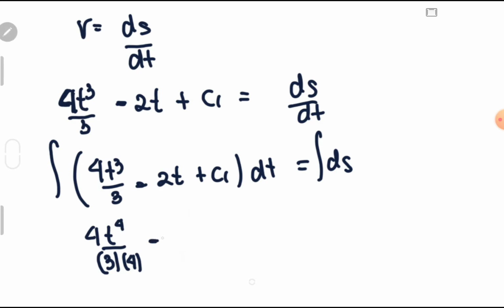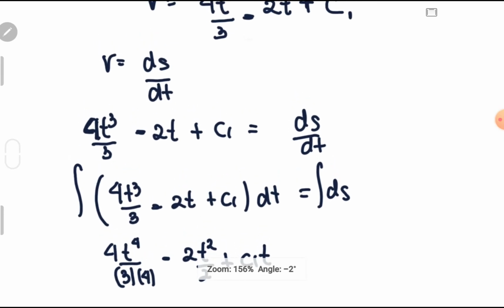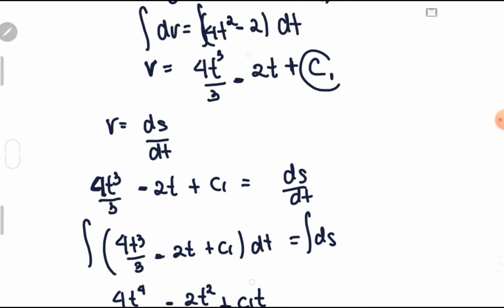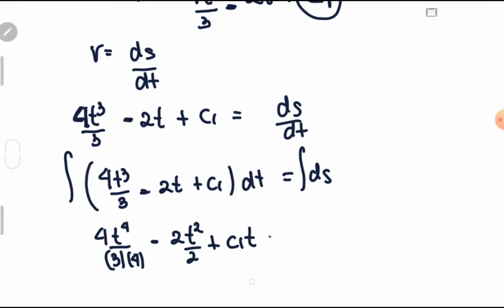Then minus 2t²/2, plus c1 multiplied by the integral of dt, which is t. Take note that c1 is your constant one at velocity. For the second integration, we will have plus c2, and that is equal to s.